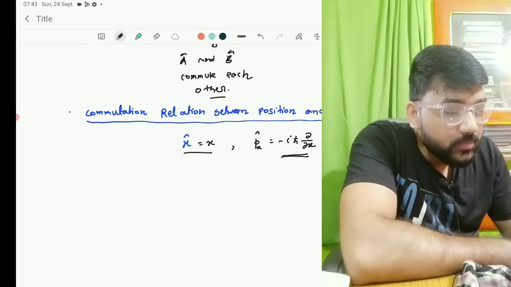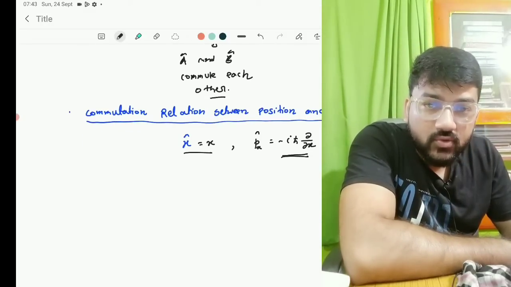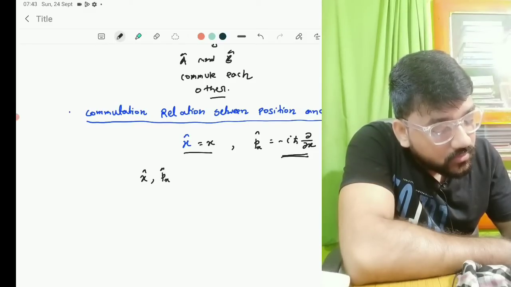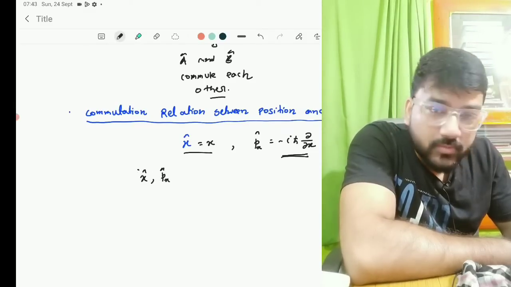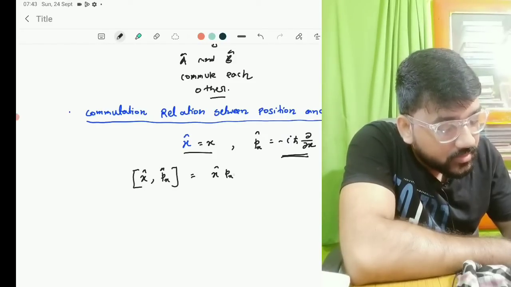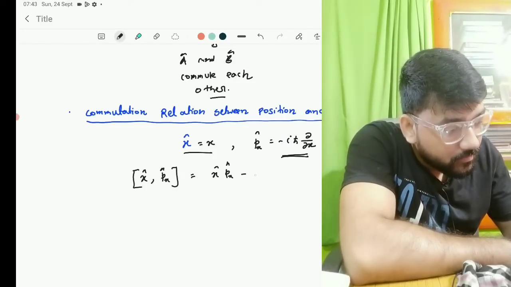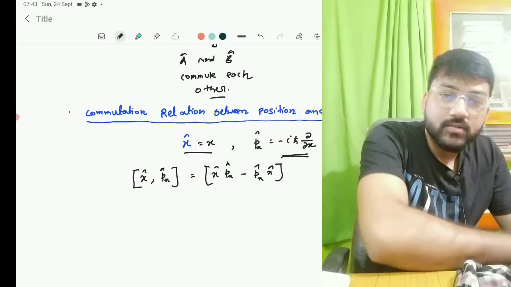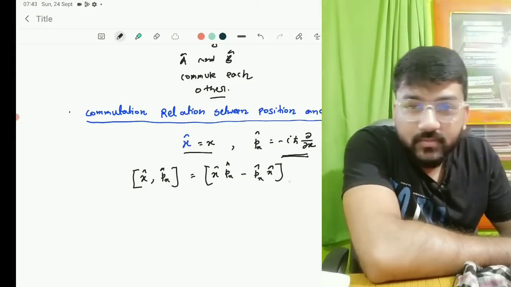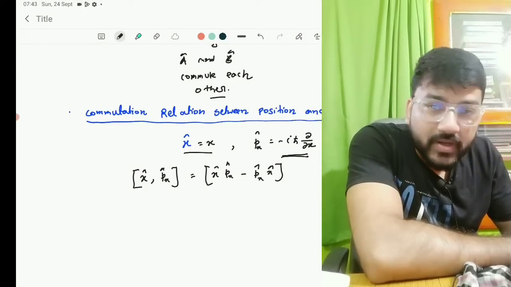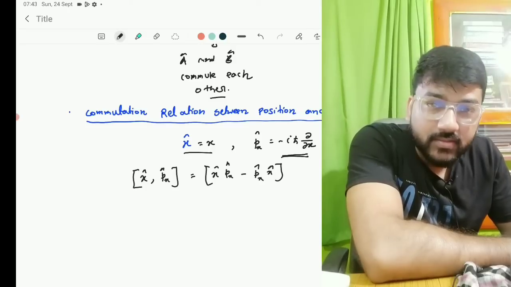Now if you talk about the commutation relation between x and p x, now what will this commutation relation be? This will be x cap p x cap minus p x cap x cap. Now how can you find this? So let us operate this operator on a wave function, something like psi.